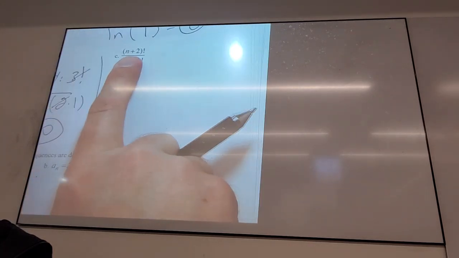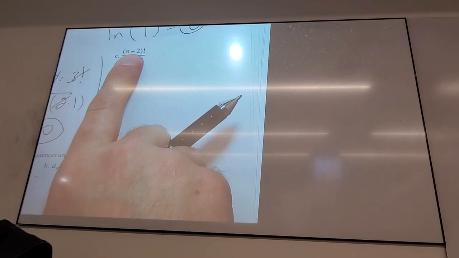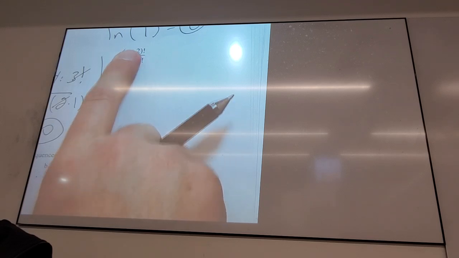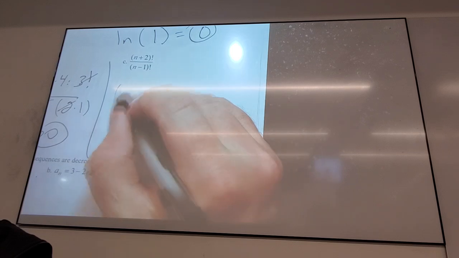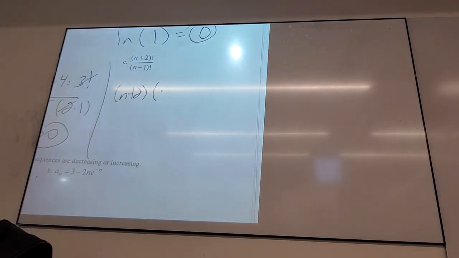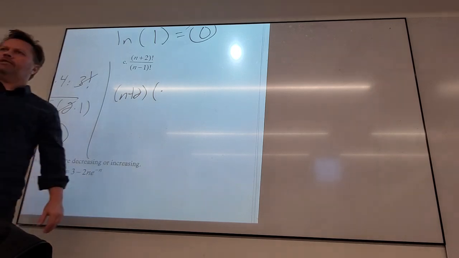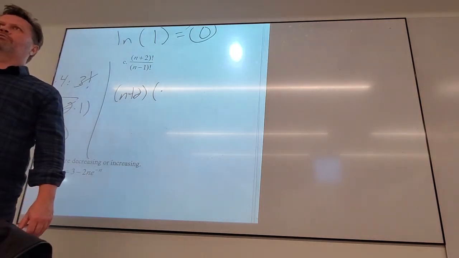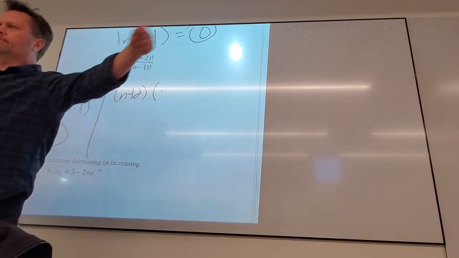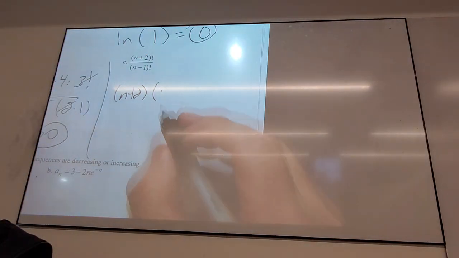We know variables are numbers. These 2 numbers are 3 apart. You see that? Those are 3 apart. So if I just start with the top and start writing it, n plus 2, what is factorial? The factorial is the most single-minded thing in the universe. Start with where you are, and then keep multiplying by 1 less forever, yes? So what's 1 less than n plus 2? n plus 1.